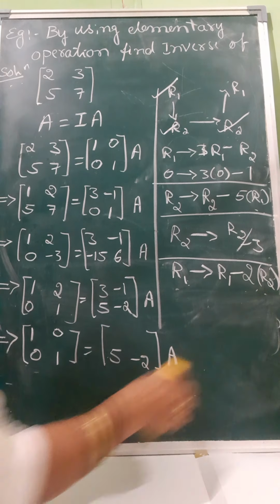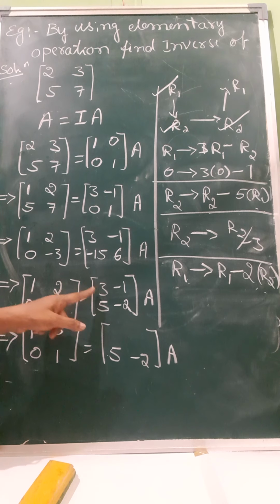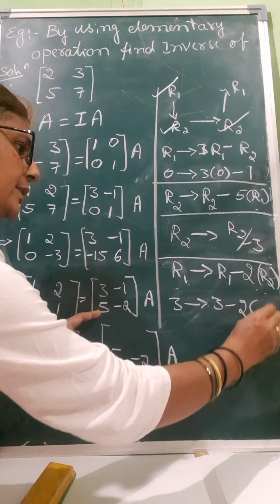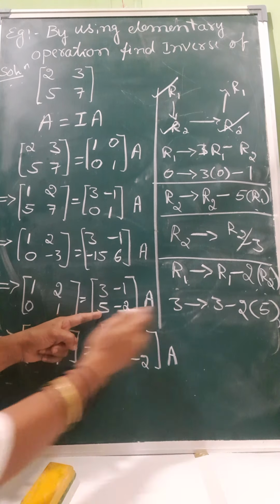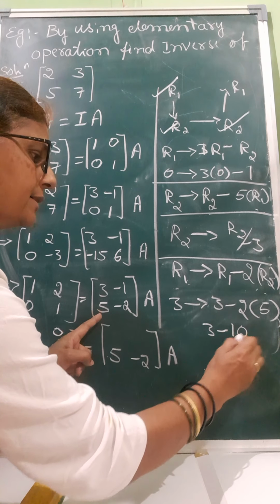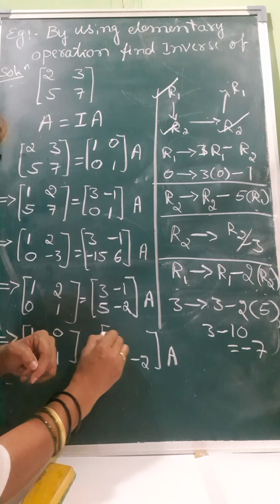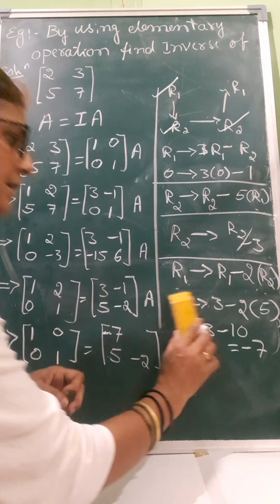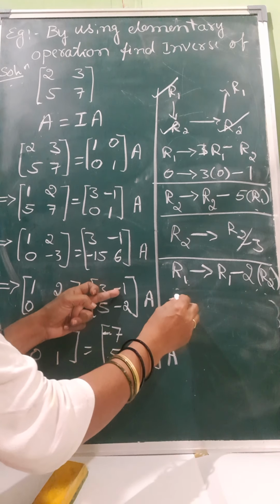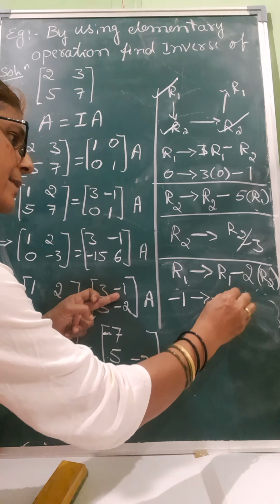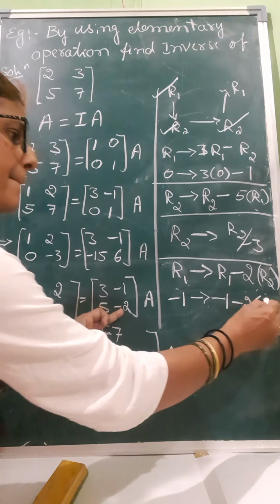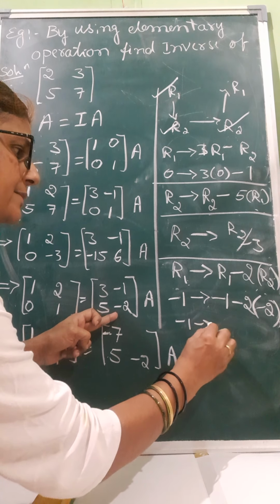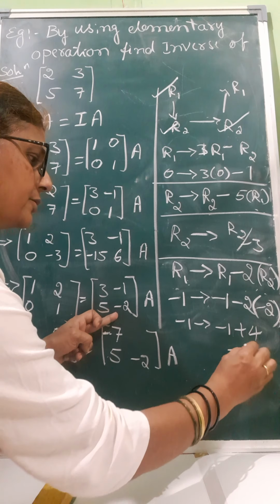Next, for this matrix, first row 3 is there. 3 minus 2 into R2 is 5, so 3 minus 10, that is equal to minus 7. And we come to minus 1, the last element of this operation. Minus 1 becomes minus 1 minus 2 into minus 2, the second row element. So minus 1 plus 4 is equal to 3.